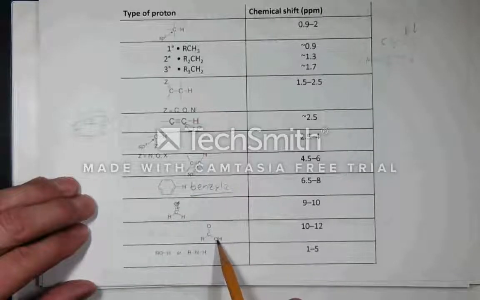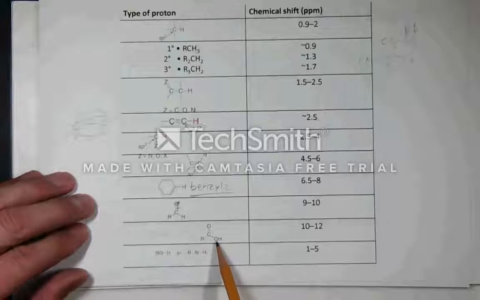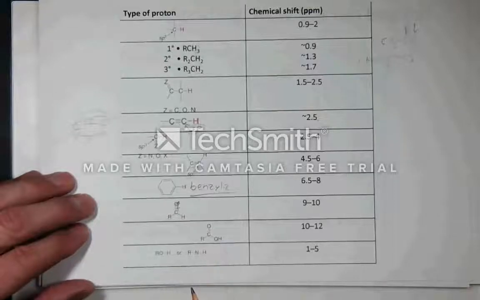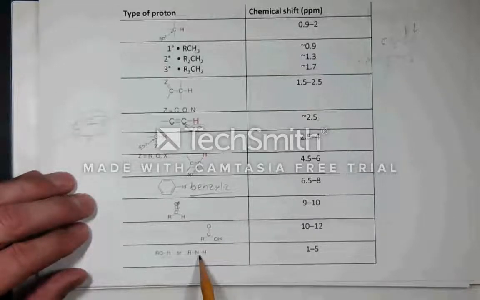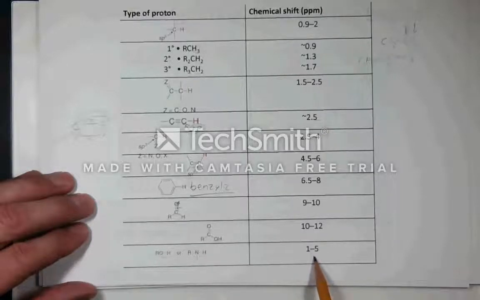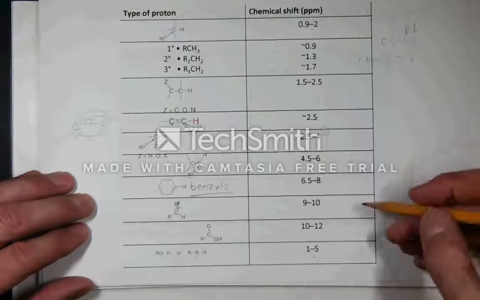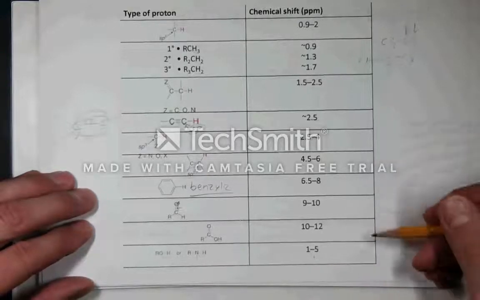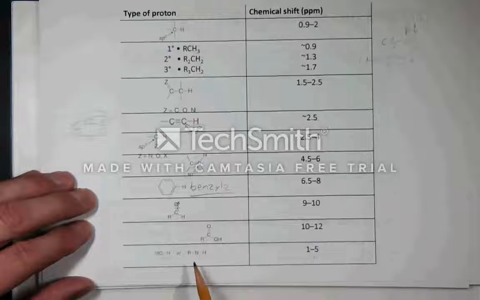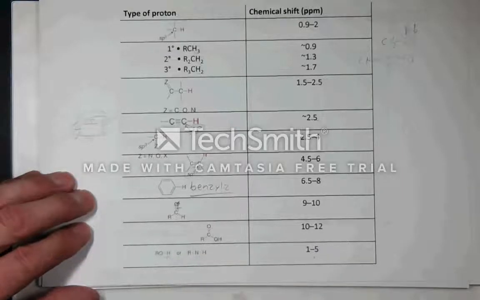Same thing here, even more highly de-shielded, because you have the hydrogen directly attached to an oxygen. For alcohols and amines, there's a broad range here, but I don't know why they're on the bottom here. Maybe because it is such a broad range, but we'll talk more about these guys later.